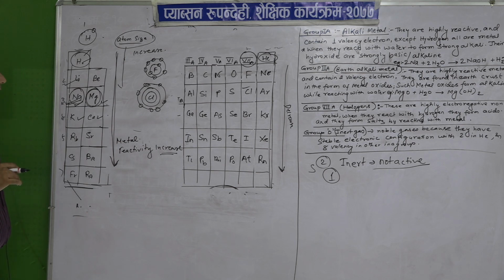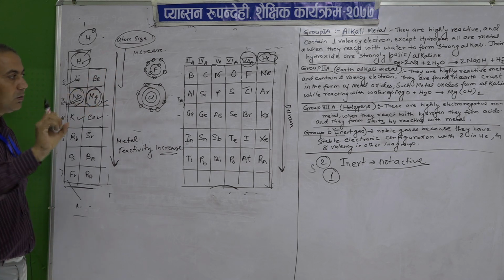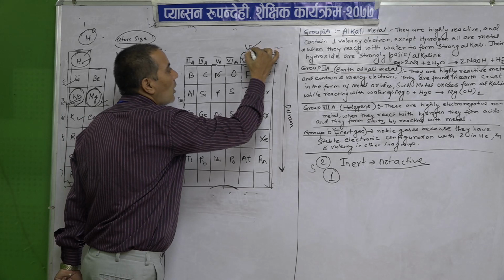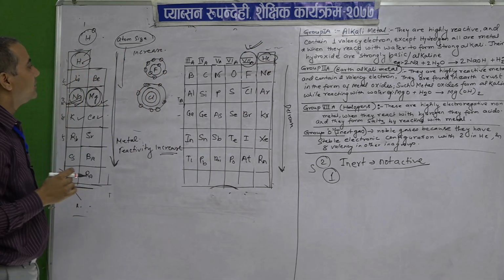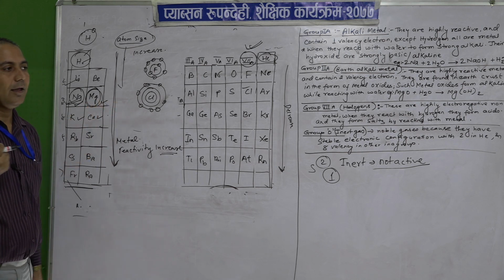Let us take one example. What does a metal do? It loses the electron. And what do non-metals, the group 7 elements, do? They gain the electron.